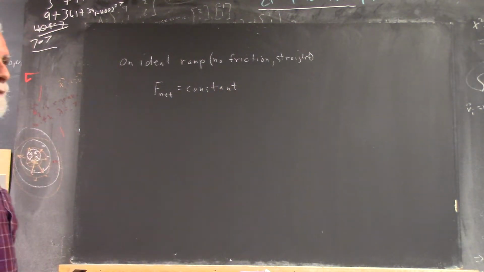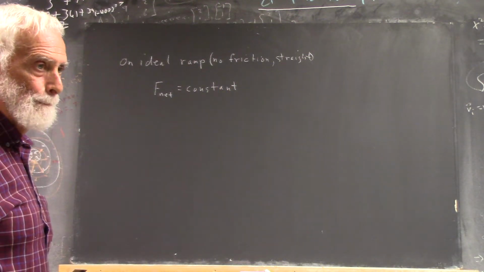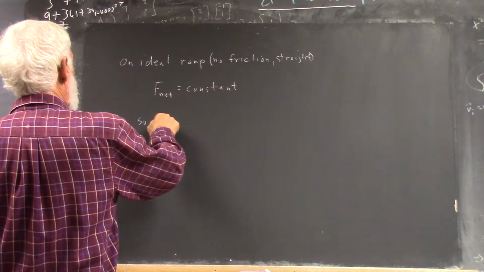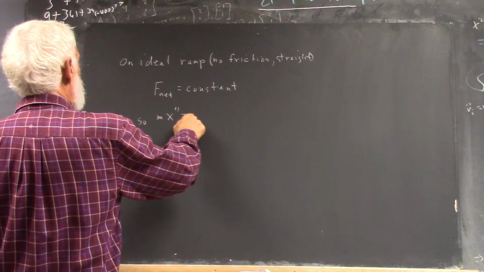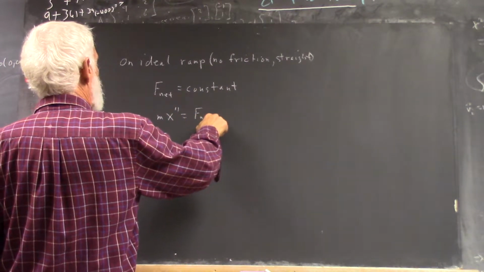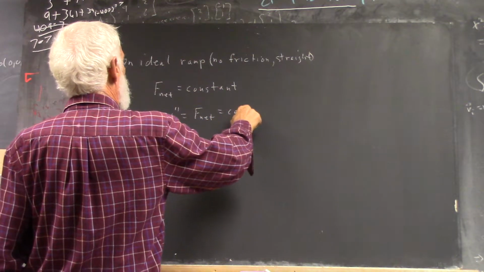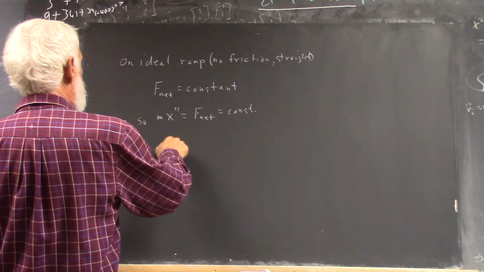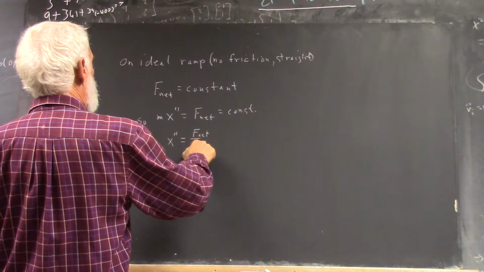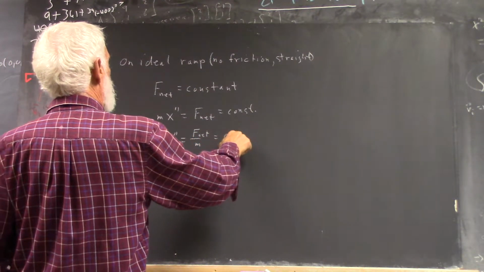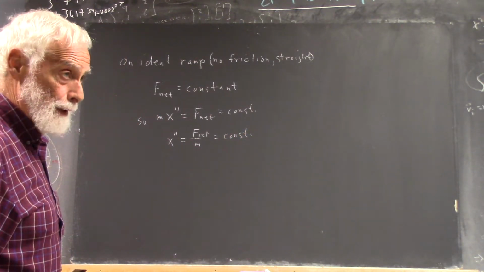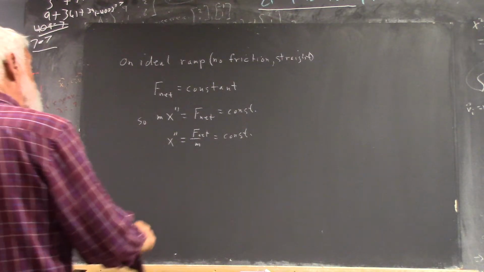F net equals constant, okay? So m x double prime is constant, so x double prime equals F net over m is constant. Okay?